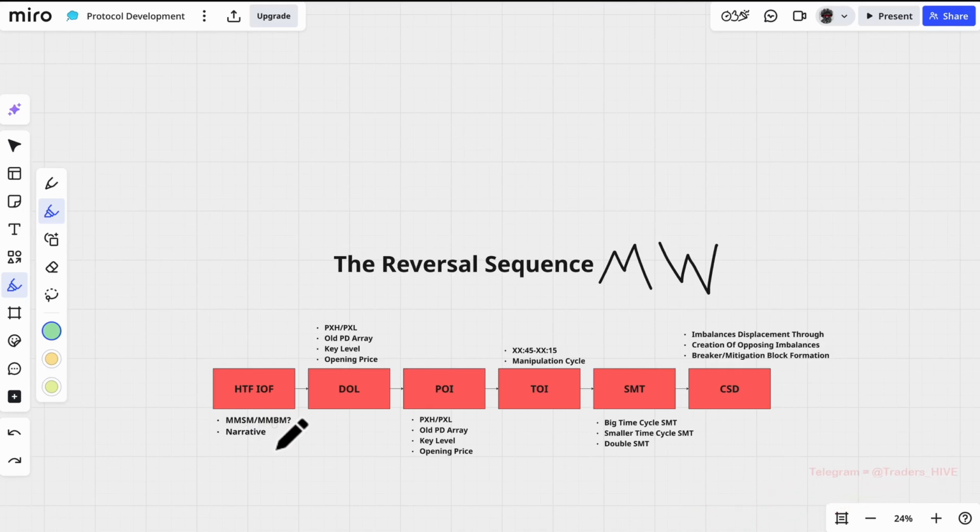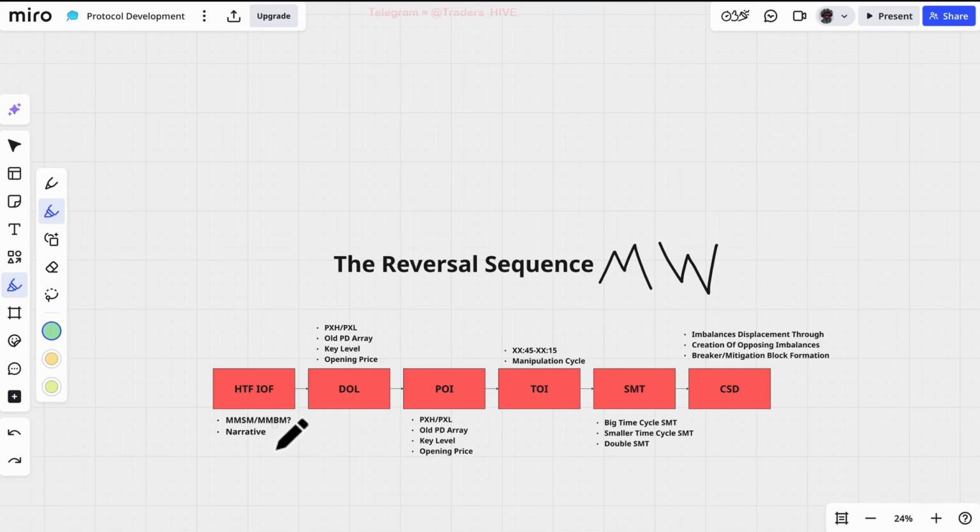Meaning, is price right now in a sell program or in a buy program on the highest possible time frames? And we're speaking about monthly delivery now, we're speaking about weekly delivery now, we're speaking about daily delivery now. Once you're able to define on the higher time frames where price is drawn towards, whether it is, for example, a sell program or buy program, this is direction, higher time frame institutional order flow, that's when we move on.